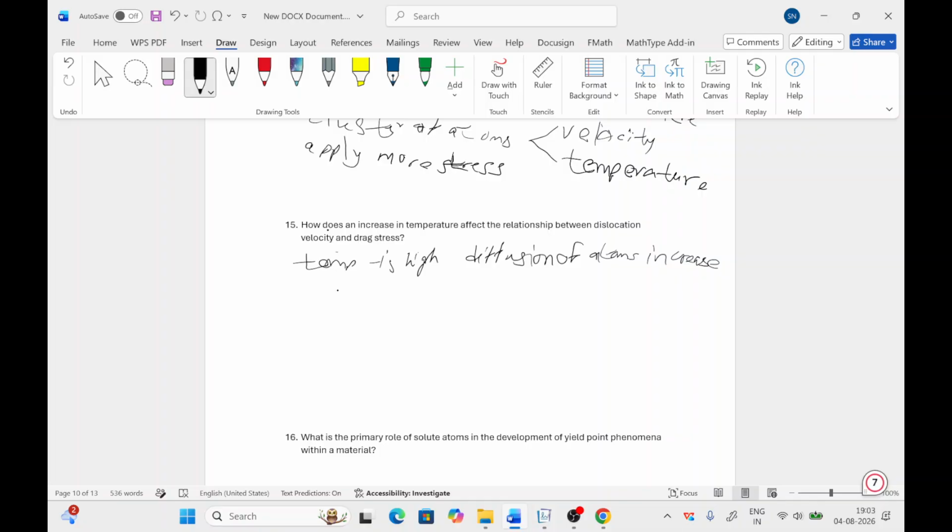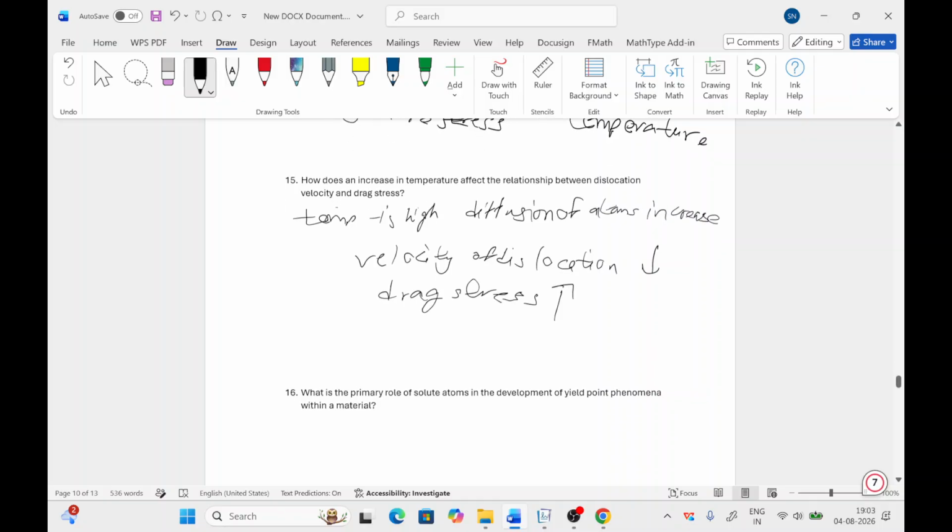So the velocity of dislocation will be reduced, and drag stress to move the dislocation increases. Means we have to apply more stress if temperature is high, because these atoms will move faster and sit at the dislocation core at faster rates.